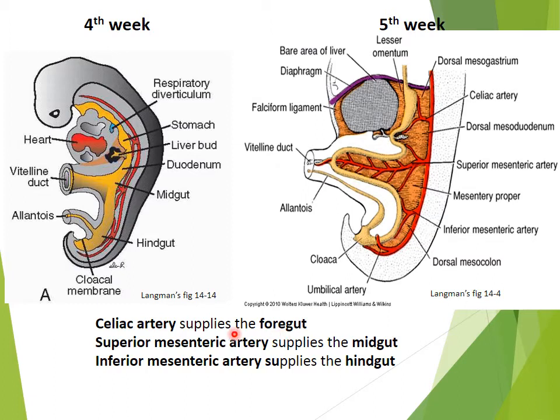You must remember them. Now, talking about the mesentery, also the ventral mesentery only persists in the area of the lower part of the esophagus, stomach and the proximal part of the duodenum. This is the ventral mesentery, derived from the septum transversum.